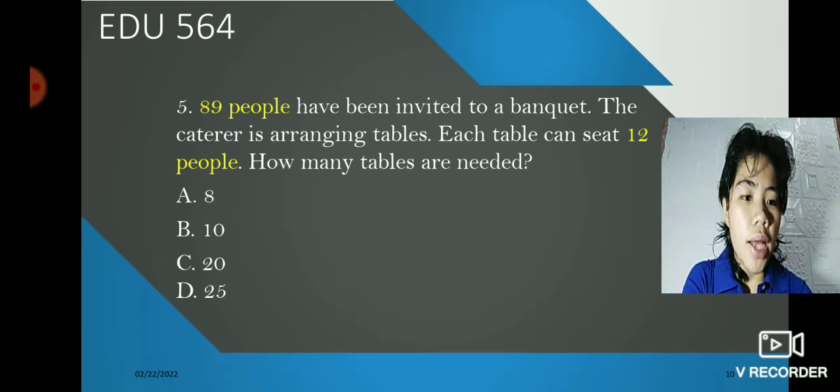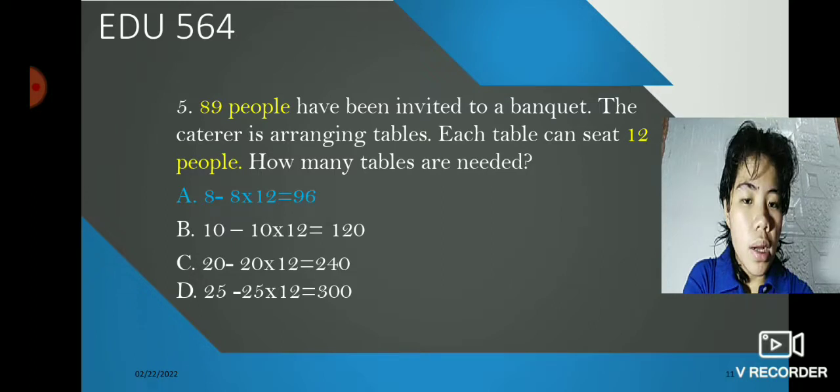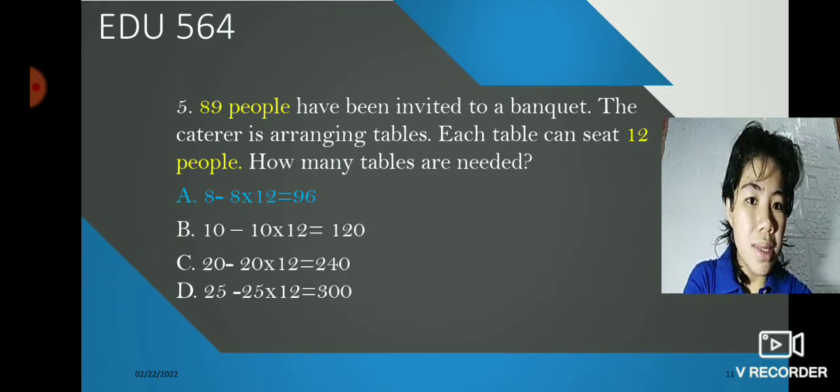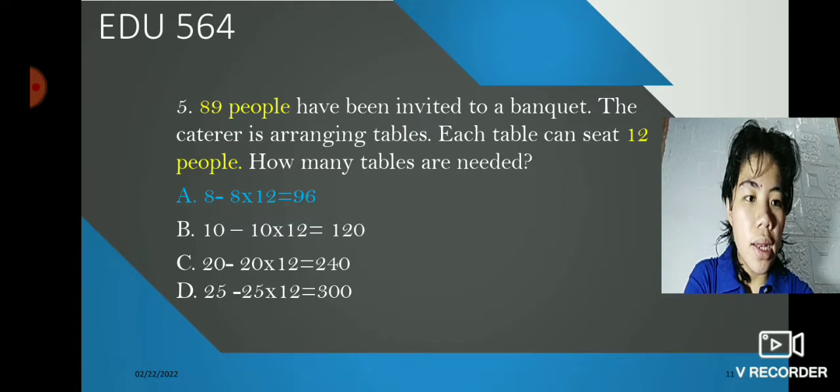The answer here is yes, 8. Because with these numbers, we will just multiply it by the 12 people who can sit in each table. So since A is the nearest to the number of people that have been invited, the answer is letter A.